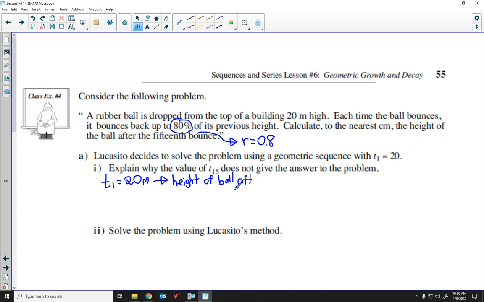I'll say height of ball before being dropped. So that would be 0 bounces. If you looked at T2, T2 would then be the height after 1 bounce.